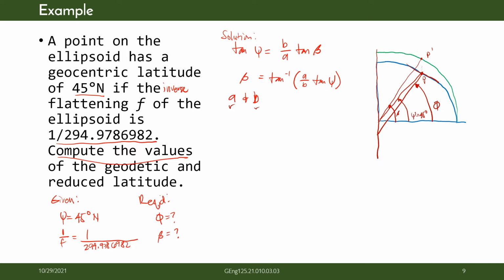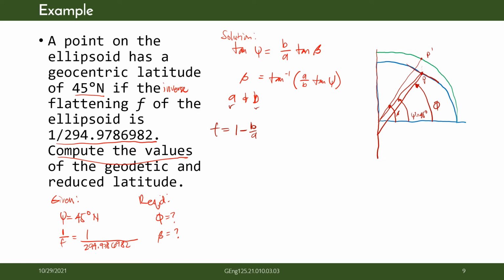Now we are given the value of flattening. Flattening is equal to 1 minus b over a.